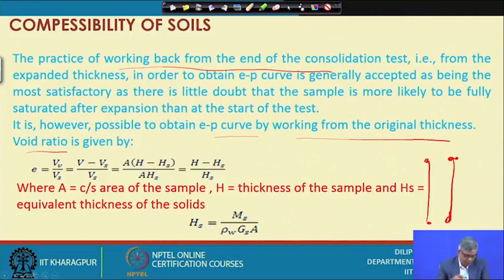To do that we have to do some calculation. From the definition, e is Vv by Vs, and Vv is nothing but total volume minus Vs. If I keep the cross sectional area constant, suppose the soil sample is something like this, and under pressure it is compressed, like this.